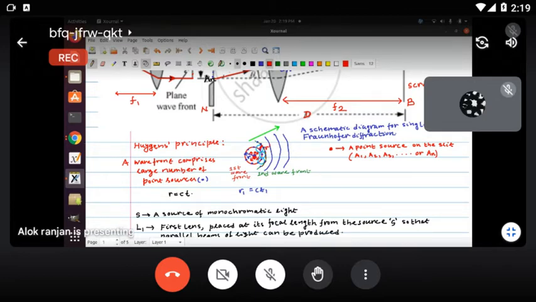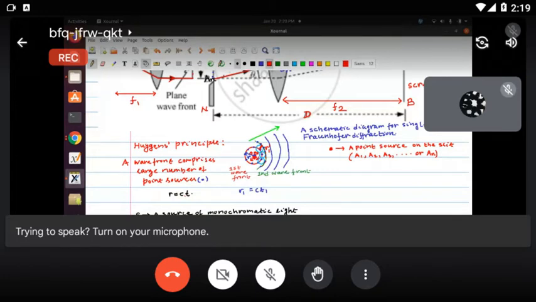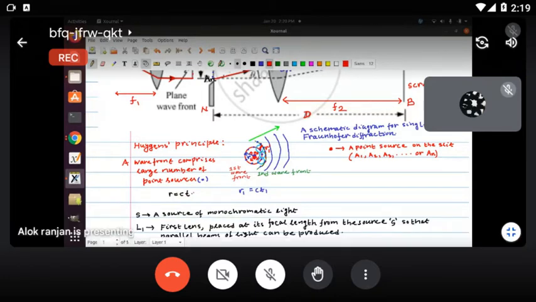So r prime will be the distance that the light beam will travel in all directions, because this is a point source as per Huygens principle. So how much distance will it cover? The r prime, or you can say r1. Similarly, you can draw another sphere here. Then you can say r2, which is ct2, and so on. So r is basically the distance traveled by the beams that come from the point source.